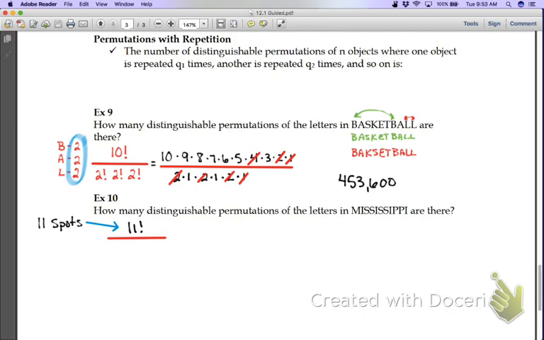And then my repeat letters are I, S, and P. How many times does I repeat itself? 4 times. So since it repeats itself 4 times, I'm going to have 4 factorial.